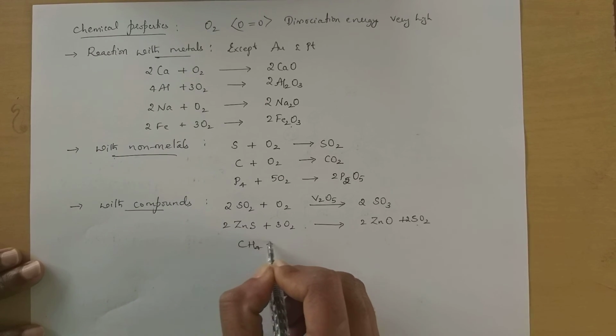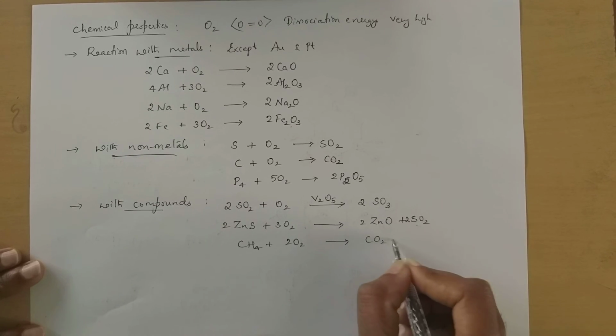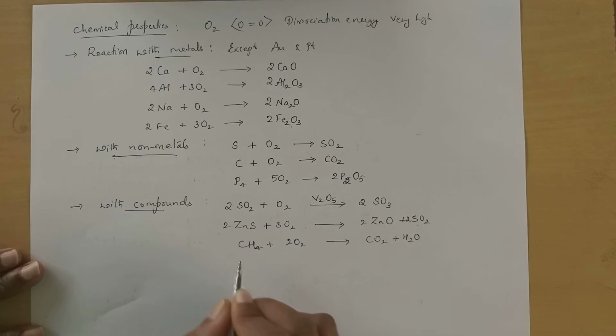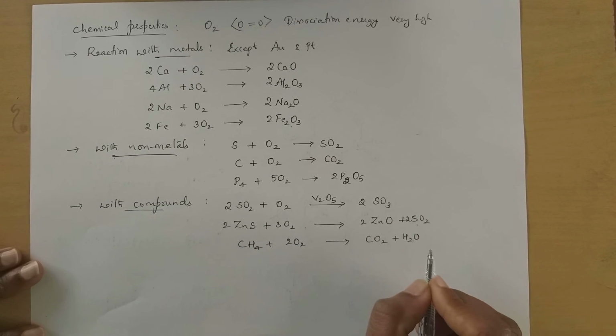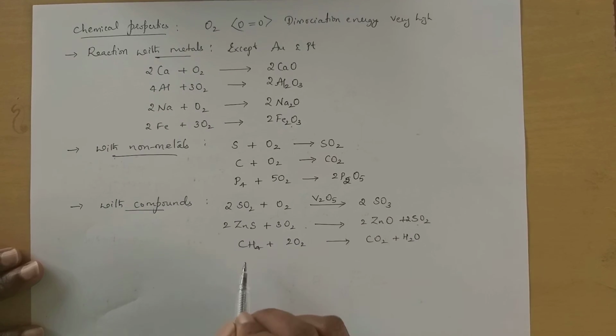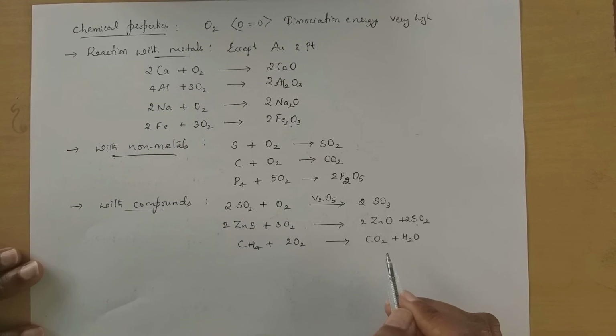Similarly, methane CH4 reacts with oxygen to give carbon dioxide and water. So a hydrocarbon reacts with oxygen to form carbon dioxide and water. Students, remember, any hydrocarbon combining with oxygen will always give the products carbon dioxide and water.